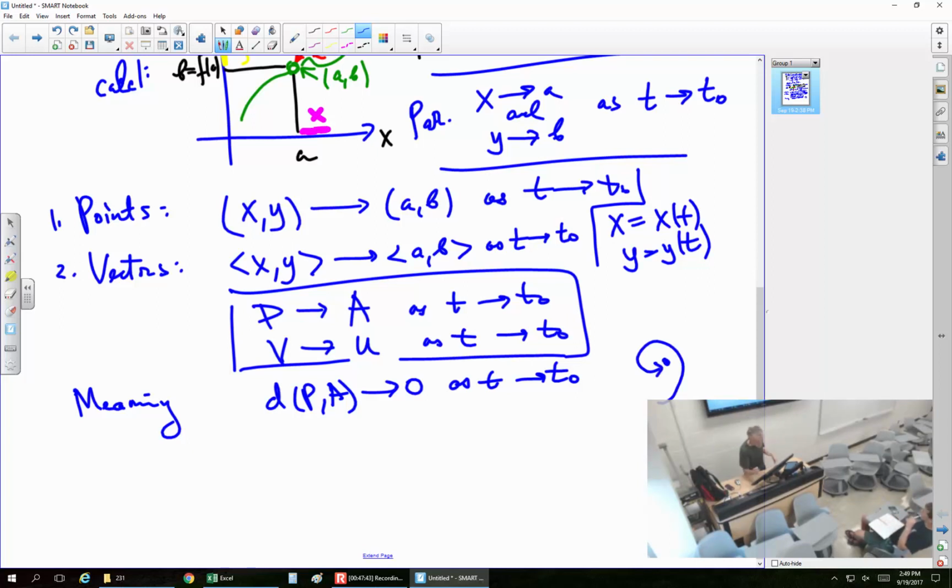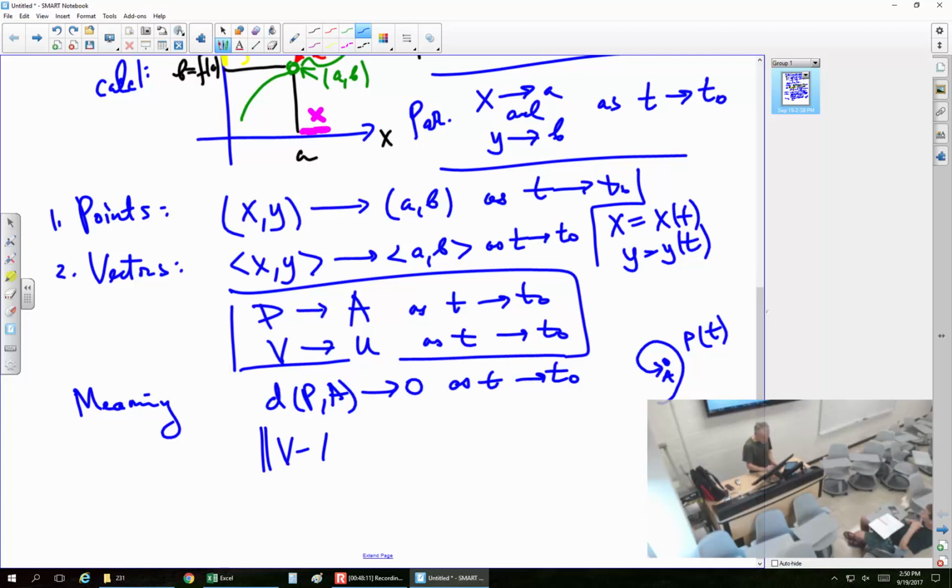You can approach it in any weird way. If this is A and this is P of t, it might approach the point in any way you can imagine. So what is the second one? How do we handle one vector converging to the other? The magnitude of the difference. Remember, we just talked about it a long time ago.